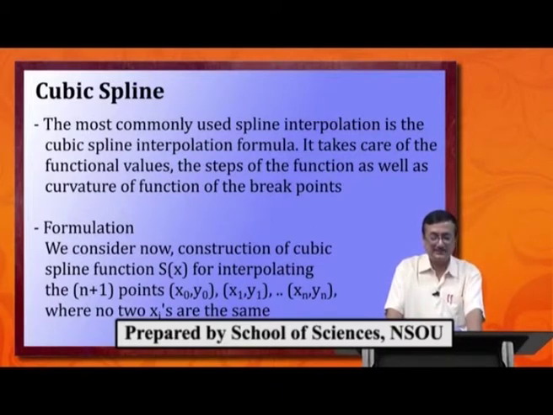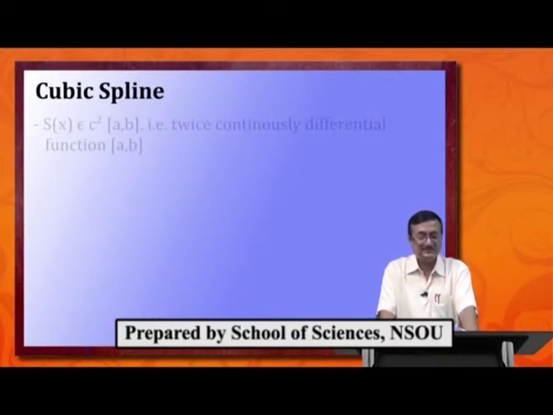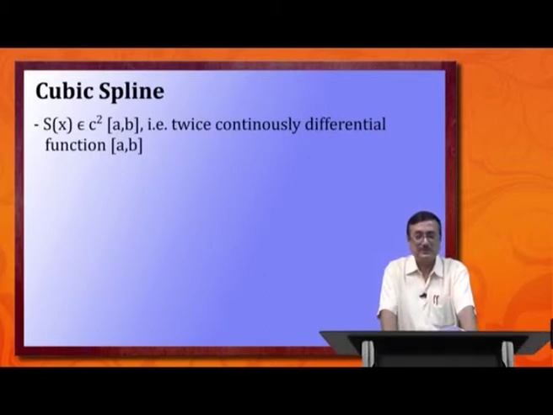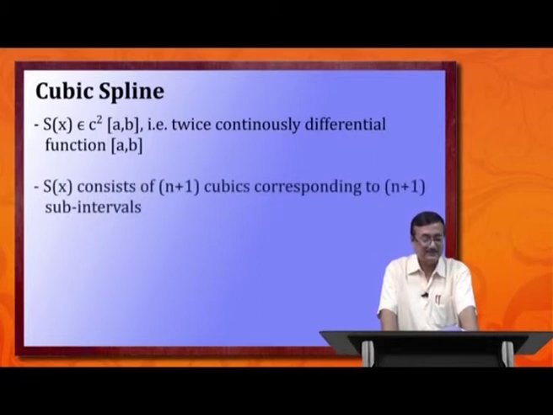The cubic spline S(x) should satisfy, as I have already mentioned, that the first condition is S(x) should belong to C²[a,b], that is a twice continuously differentiable function on [a,b], and S(x) consists of n cubics corresponding to n subintervals.